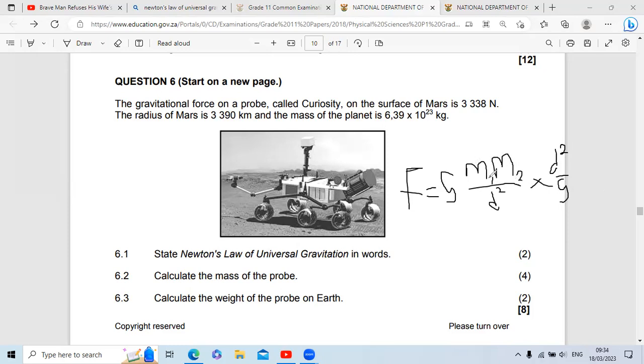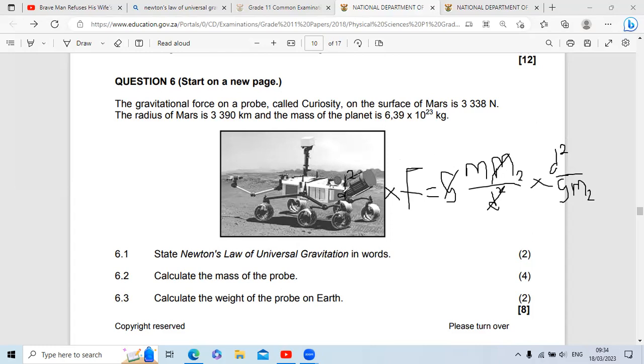I'm going to make the mass of the probe M2, so we're also going to divide by M2 to take this out. Then on this side we do the same, because what you do on the right, you have to do on the left.